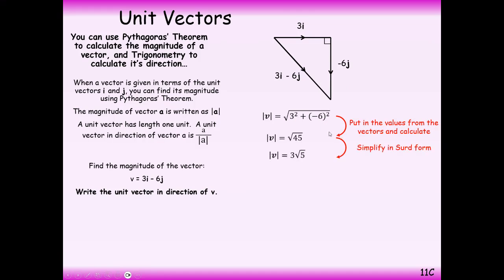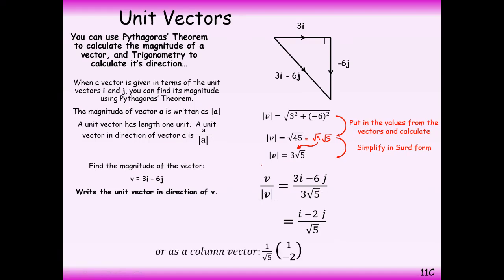So we need to divide each of the components by this magnitude. Simplified, it's root 9 times root 5, so it can be written as 3 root 5. We divide each of those components by 3 root 5. Now 3 over 3 root 5 cancels the 3, and minus 6 over 3 root 5 cancels to minus 2 over root 5. This is a simplified version of the same vector.